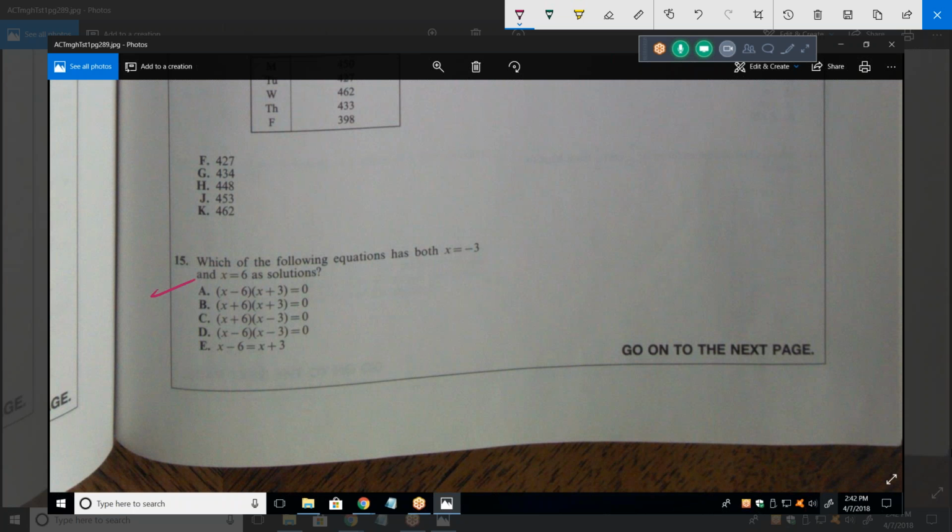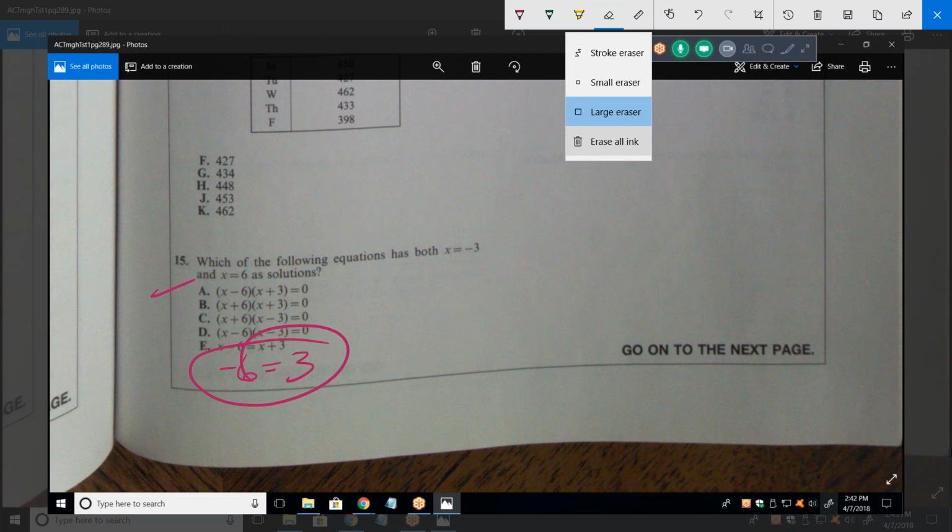A is correct by a lot. Notice what happens with E. If I subtract x from both sides, I get minus 6 equals 3. Well, that can never be true. So that can never be a correct answer, ever. You can never have one number equal to another number.